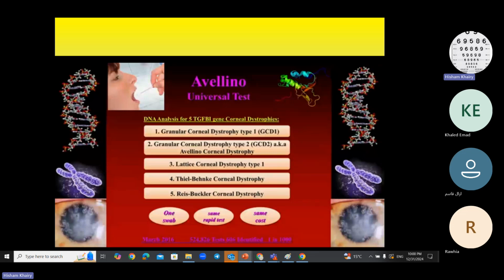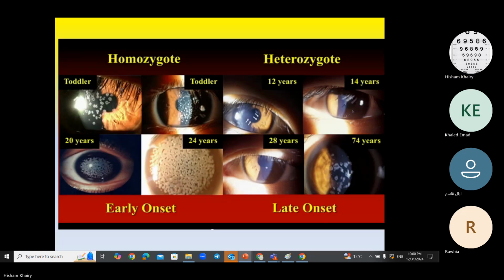Also, with corneal dystrophy, this gene defect may be homozygote or heterozygote. Obviously, homozygote may progress faster than heterozygote. This is a theory.